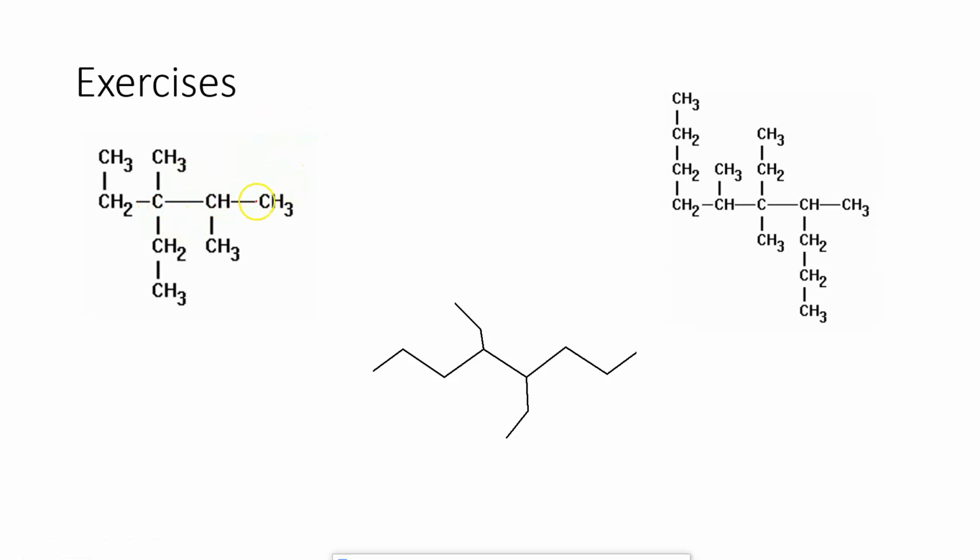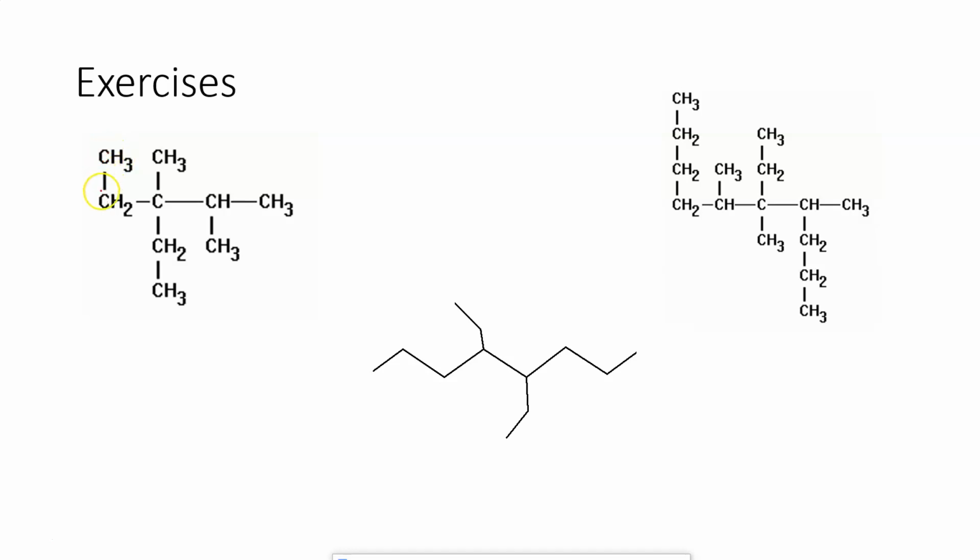So remember, the first step is to find the longest chain. So let's see. 1, 2, 3, 4, 5. That's a possibility. Let's see. 1, 2, 3, 4, 5. That one is exactly the same. Let's count starting from here. 1, 2, 3, 4, 5. So really the longest chain has 5 carbons, right?